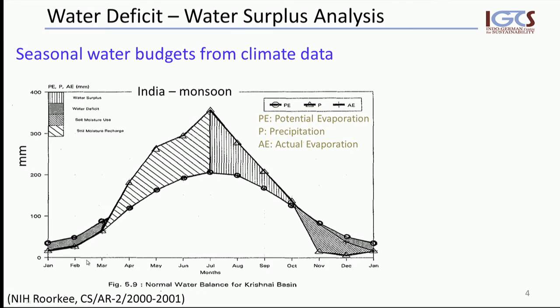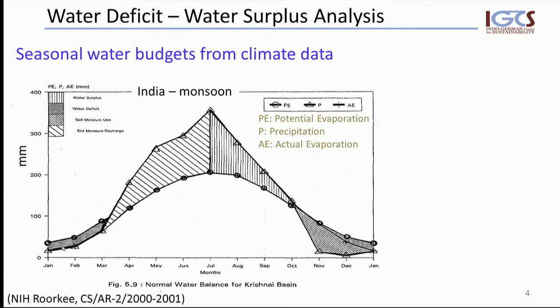And we have here a typical water deficit, water surplus analysis graph, which shows us one hydrological year, in millimeters, and both evaporation and precipitation data are plotted into one graph.